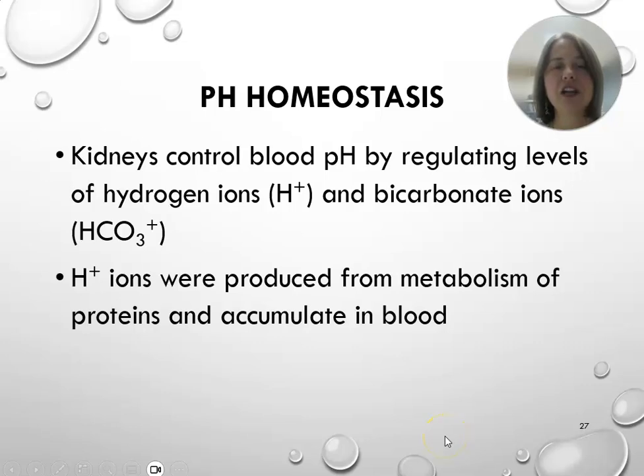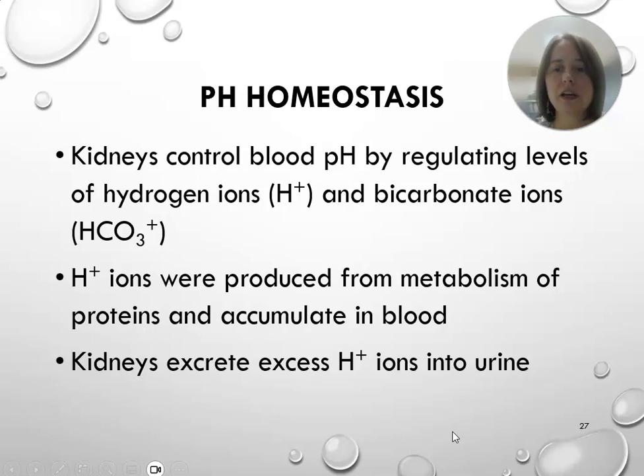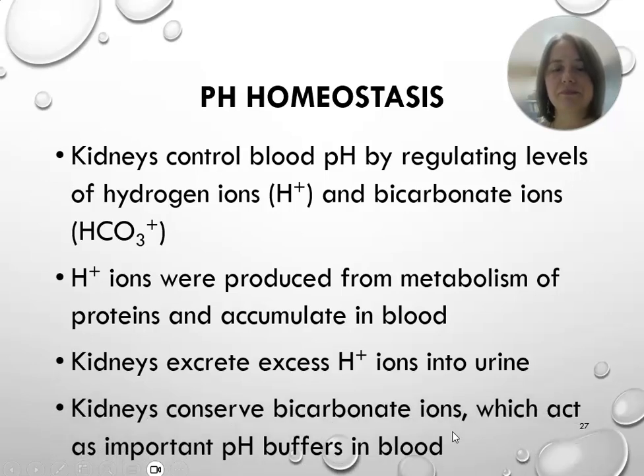So hydrogen ions, H plus, are produced from the metabolism of proteins, and they accumulate in the blood. And we know if we have a bunch of hydrogen ions, then our body is more acidic, and that isn't good. You can die from acidosis, from your blood being too acidic. So we need to get rid of these. The kidneys will excrete the excess hydrogen ions into the urine, and your body will get rid of them.